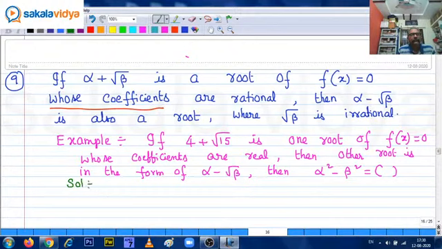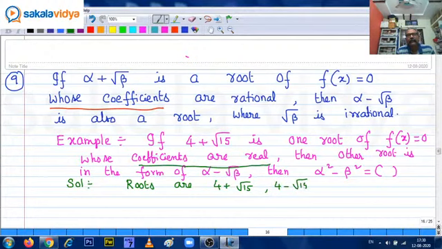Solution. Roots are 4 plus root 15. Since coefficients are real, the other root will be 4 minus root 15. So this will be in the form of alpha minus root beta. On comparison, alpha is equal to 4 and beta is equal to 15.